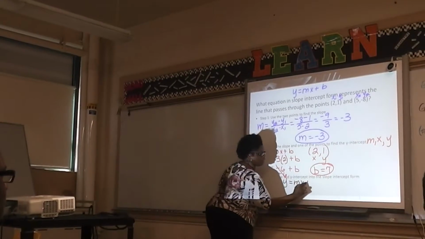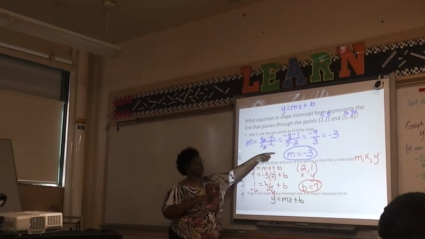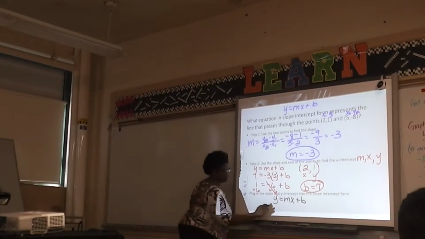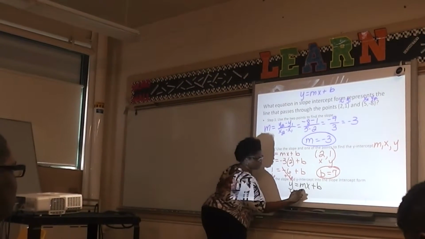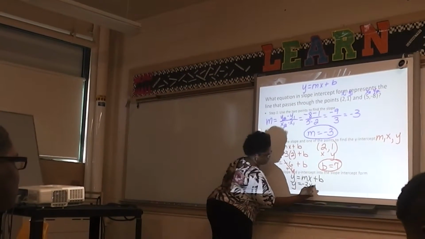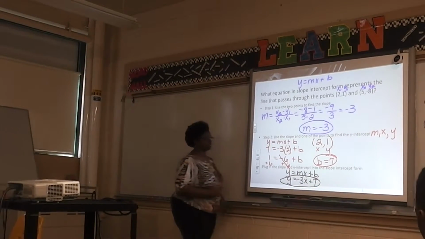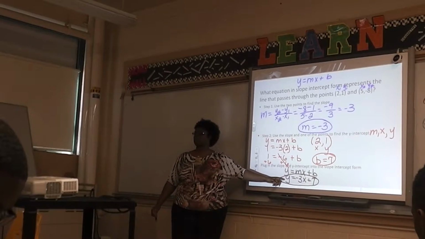Plus B. So we can plug in the information that we just found. We're going to plug in for M and plug in for B to get our final equation. Final equation is Y equals -3X plus 7. Very, very good. So this is our final answer. They asked us to write an equation in slope-intercept form, and that's what we just did.